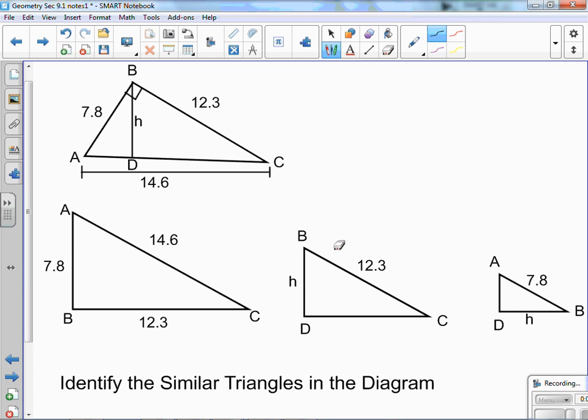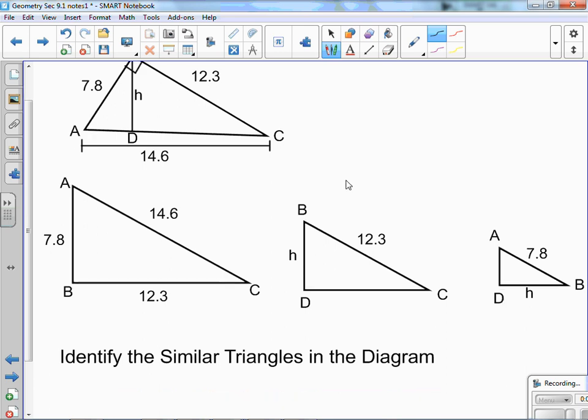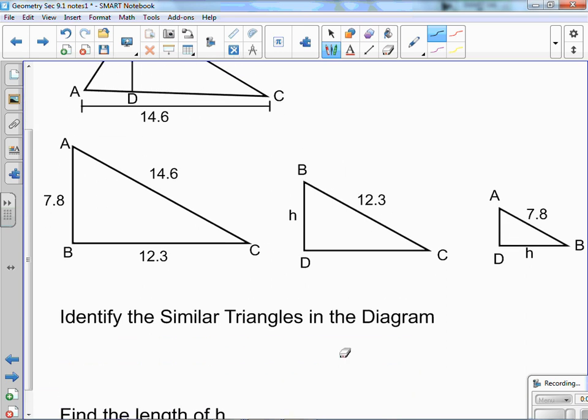So these three just represent all the triangles in this image. When we work out some of these problems, it sometimes is easier to redraw the three triangles so you can see them separately instead of trying to see them all fitting into the same image. So we want to identify the similar triangles in the diagram.